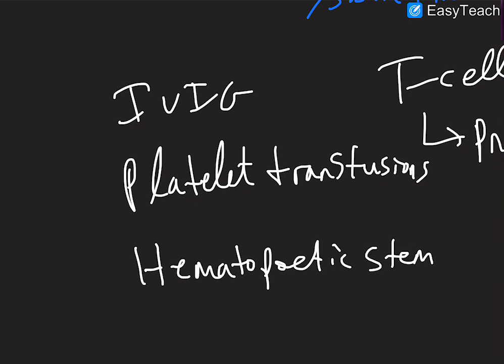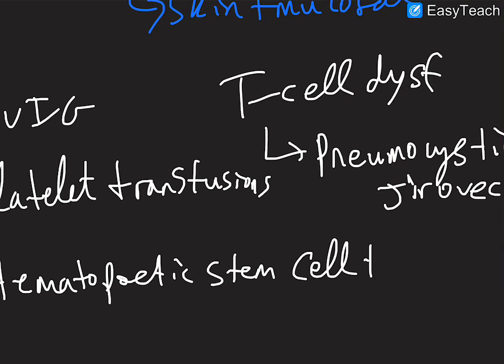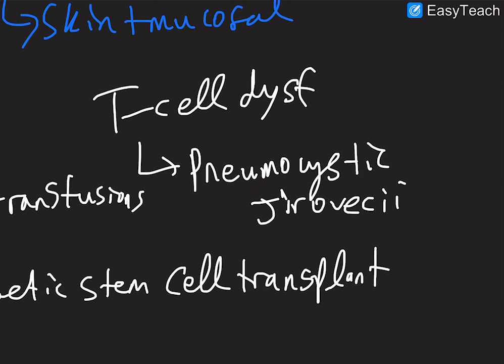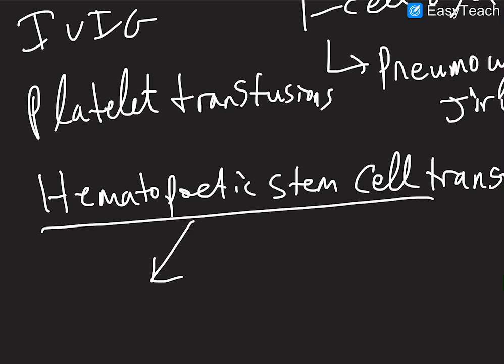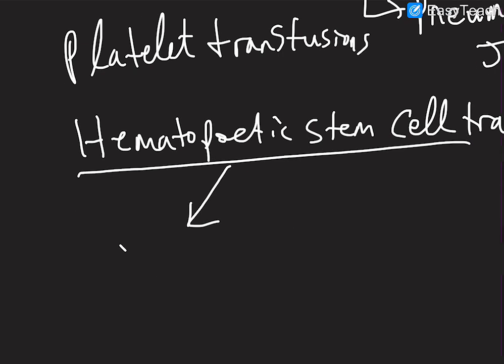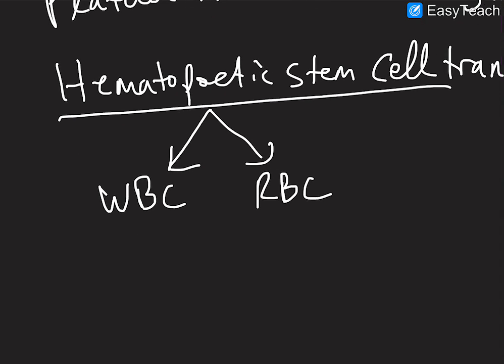Remember the mutation leads to defective WASP protein in your white blood cells. We know our hematopoietic stem cells are responsible for making our white blood cells, red blood cells, and so on. So if we get a stem cell transplant, it's going to help create new white blood cells that are actually functional.